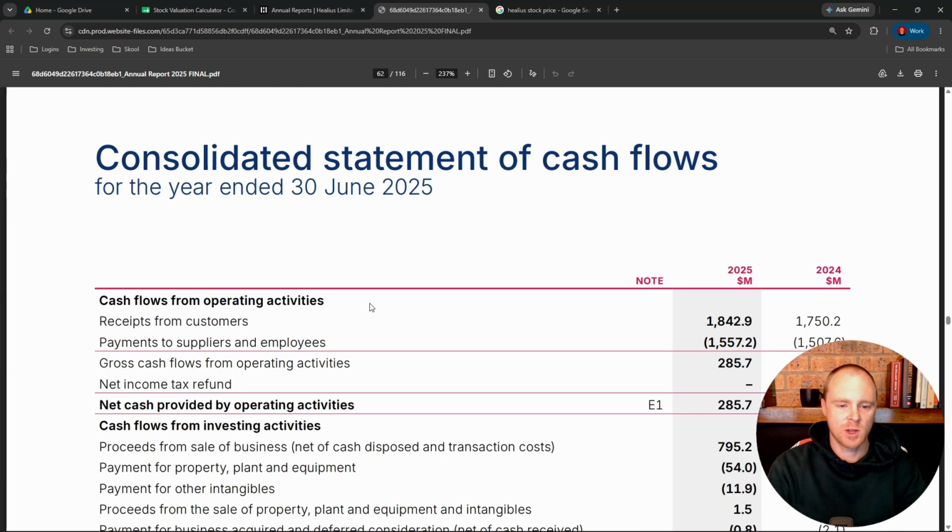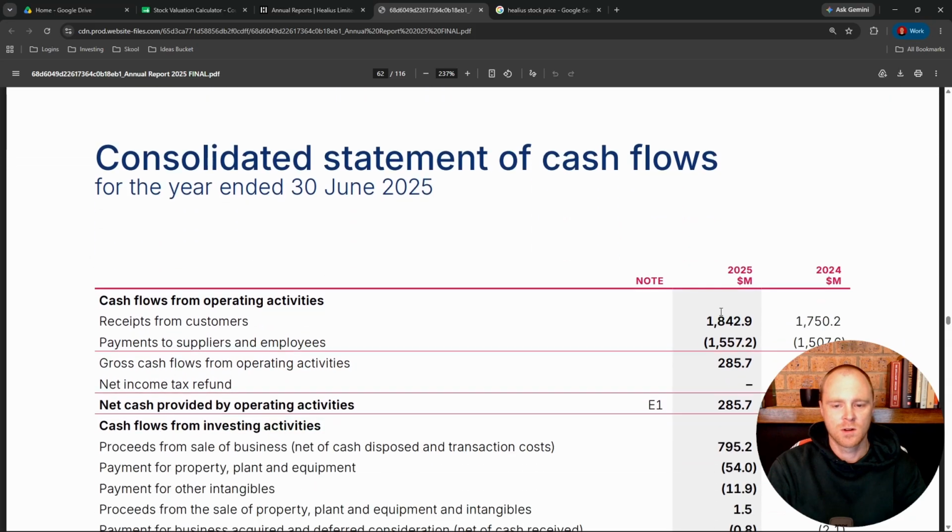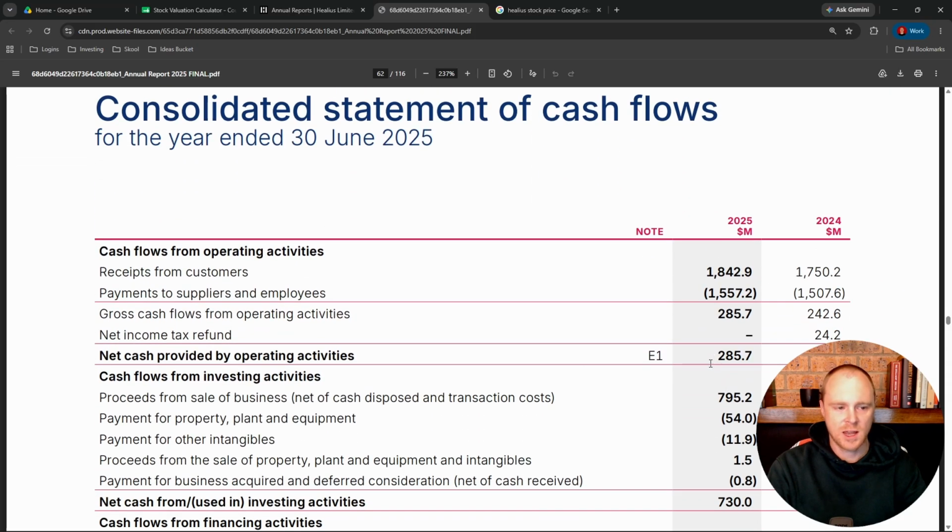Now let's have a sticky beak at the cash flow statement. So we've got our receipts, payments to suppliers, and net cash provided by operating activities. Actually comes out as a positive. So they've gone from 266 up to 285 million.